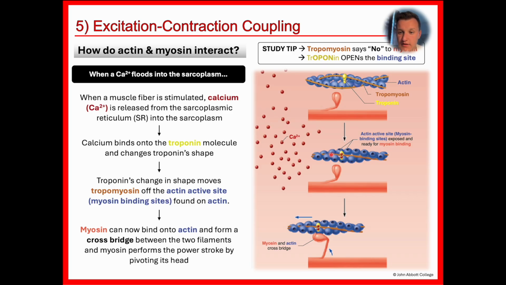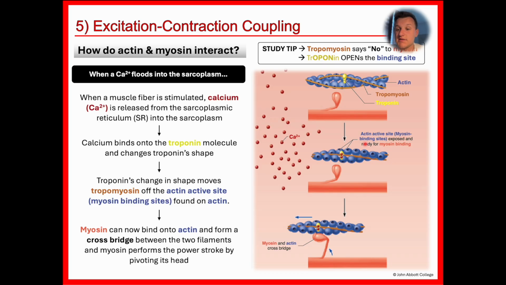This molecule is called tropomyosin. Do you see over here that tropomyosin is blocking the little holes in the blueberries, right? Once calcium binds on, the troponin will move the tropomyosin off of the little holes of the blueberries. So now you see the holes are exposed. This is because it moves the tropomyosin off the actin active sites. The little holes here are called the actin active sites.